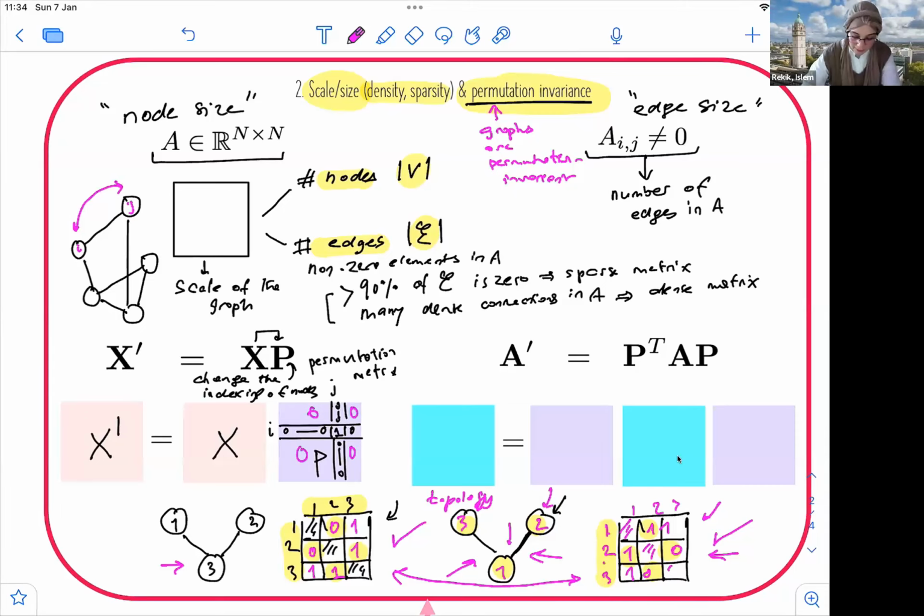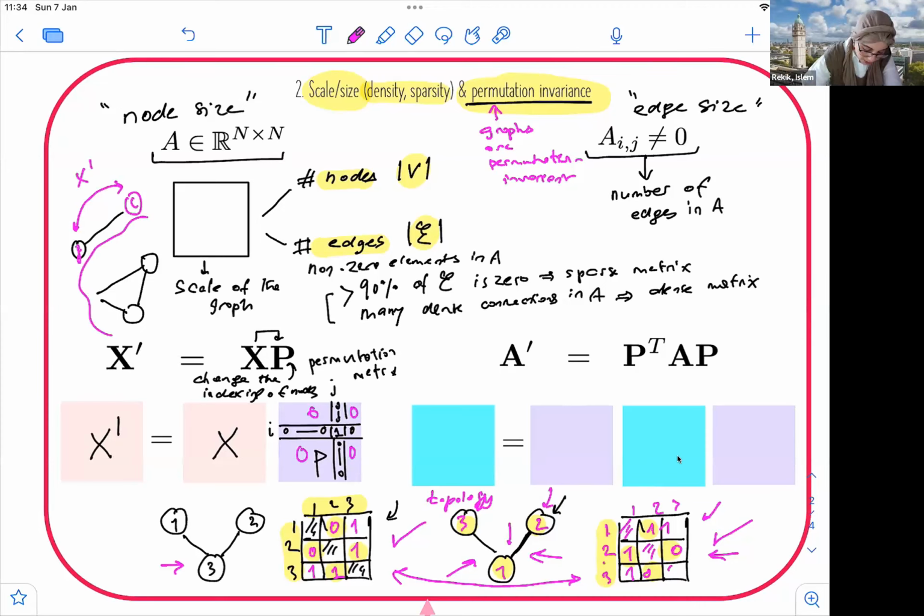When I do the flipping, I'm switching only I with J. After the permutation, I'm going to get X prime, and in X prime I will have the new connectivity. Of course, patterns need to change, things need to change around. We're flipping, so J will be here and I will be there.